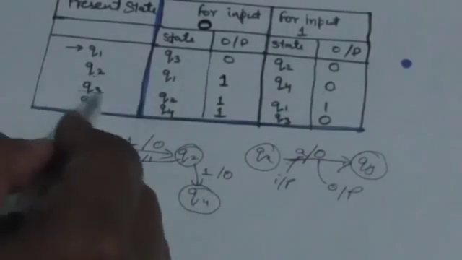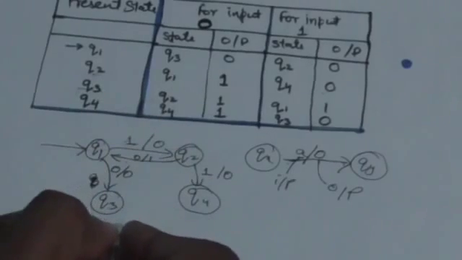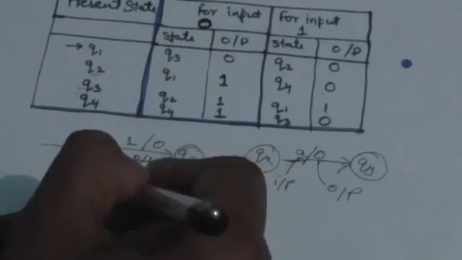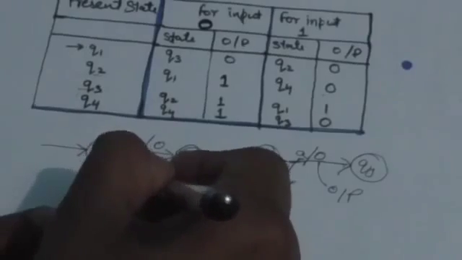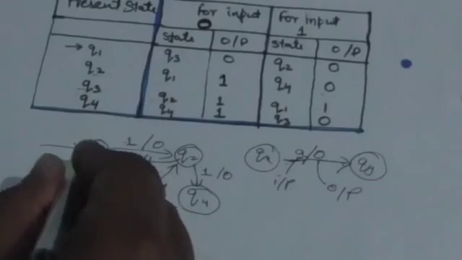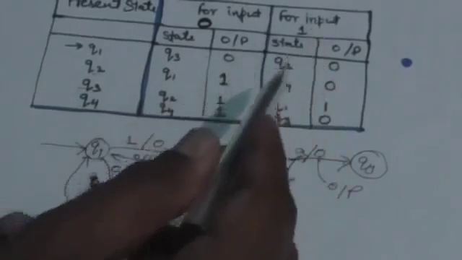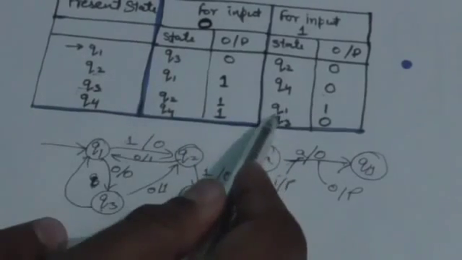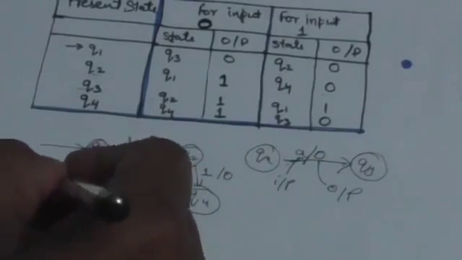When present state is Q3 and input is 0, then next state will be Q2 and the output will be 1. When it reads 1 and its present state is Q3, it will jump to state Q1 and output will be 1.